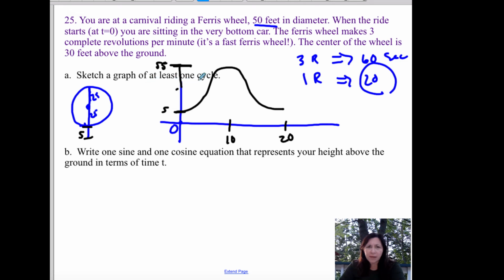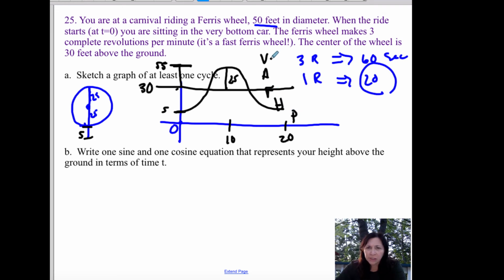So to find the center of the wheel, it says the center of the wheel is 30 feet up, so 30 is this length here. So that means from here, 55 minus 30, that gives me an amplitude of 25. Okay, so I'm making my VAFHP graph.